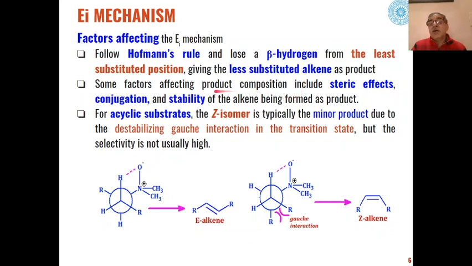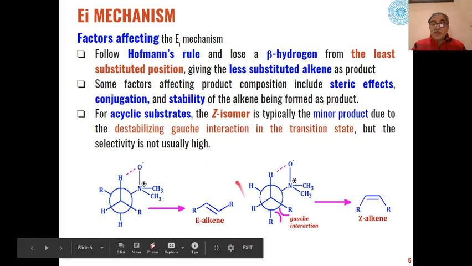The other factors which affect the formation of the product include steric effects, conjugation, and the stability of the alkene which is formed. And in case of an acyclic substrate, the E alkene is formed as the major product, whereas the Z alkene is formed as the minor product.